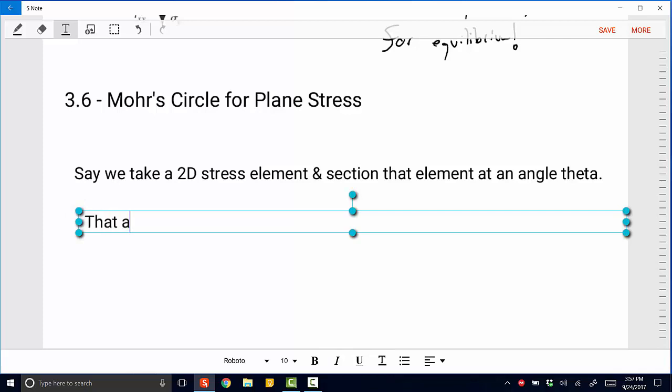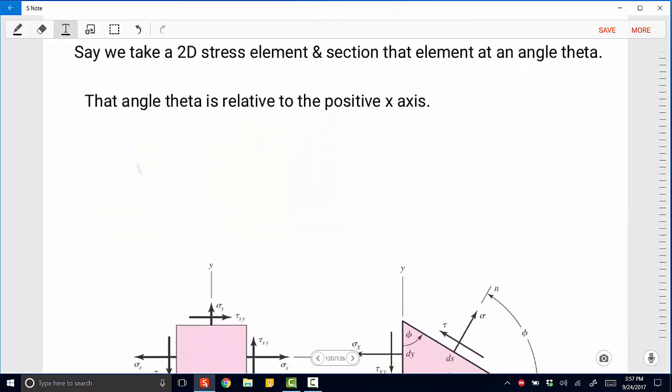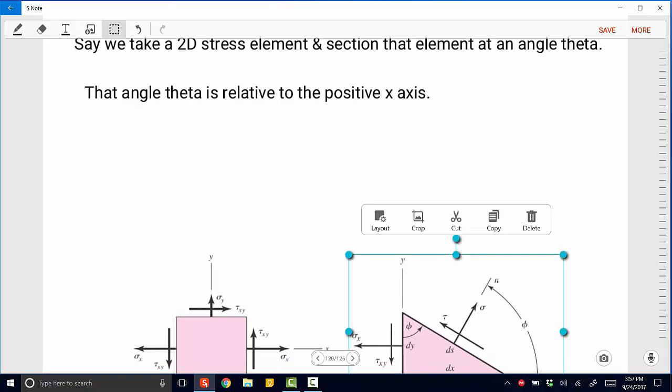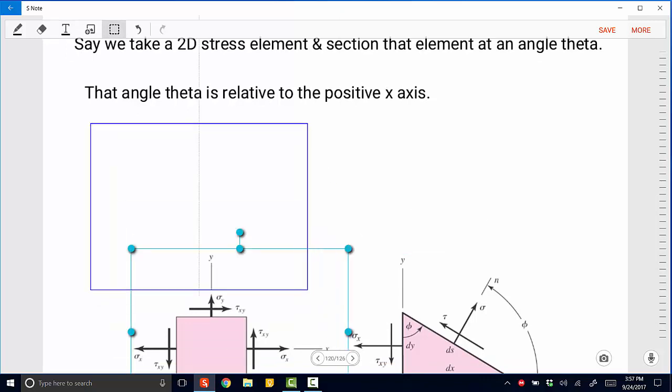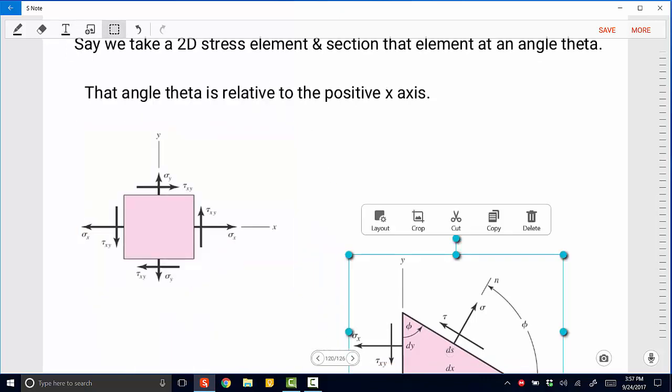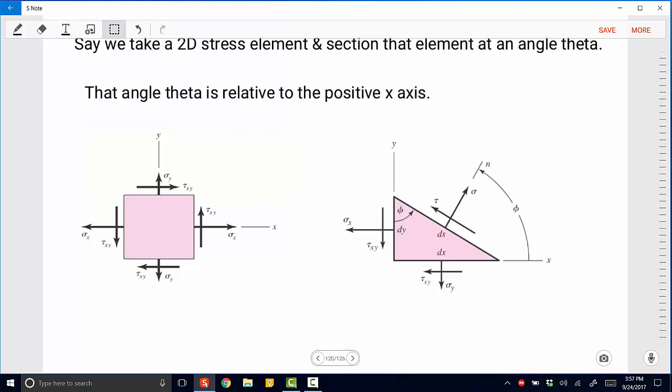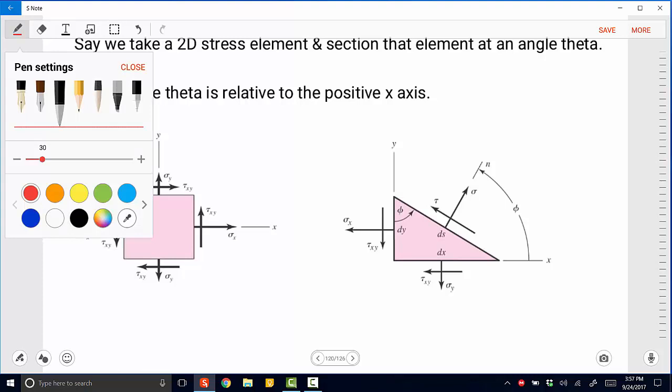And that angle theta is relative to the positive x-axis. So if we do that, we take our 2D stress element and we section that element relative to our positive x-axis.